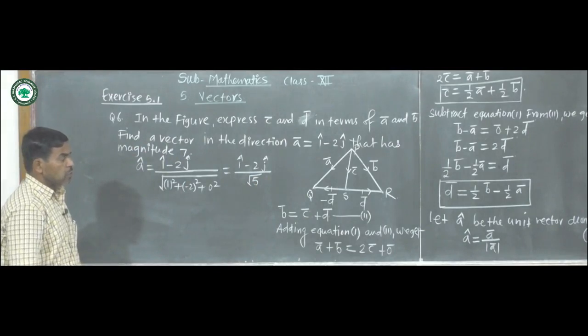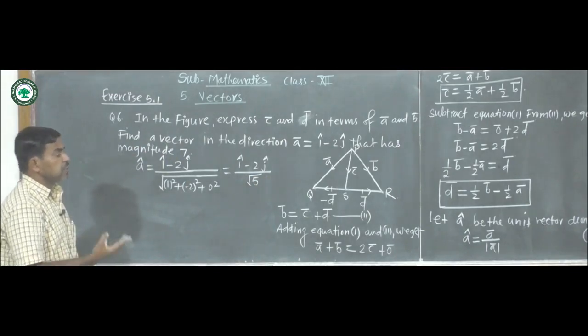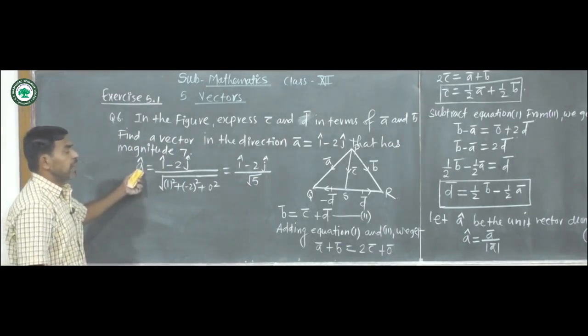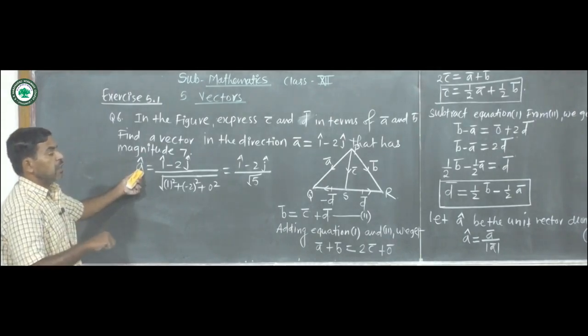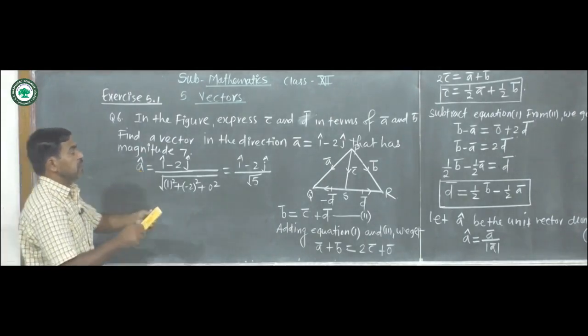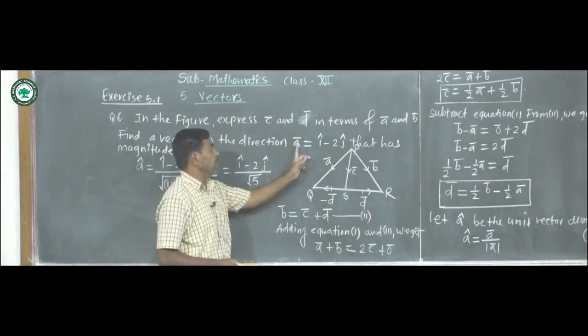Now we have to find out the vector having magnitude 7. So multiply this unit vector by 7. So we get the vector whose magnitude is 7 and which is along the vector A bar, or which is in the direction of A bar.